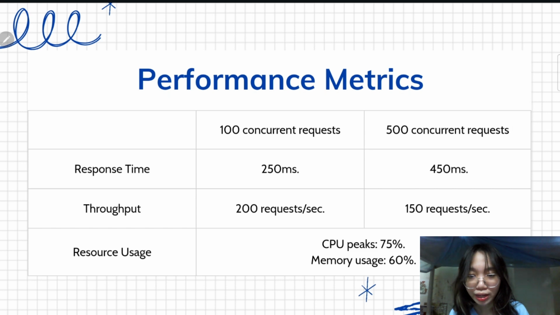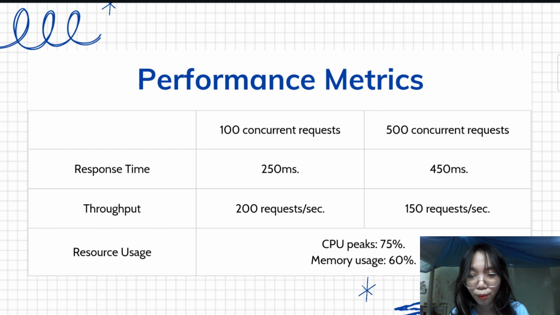During testing, we evaluated the system performance under various loads. Firstly, for response time with 100 concurrent requests, the average response time was 250 milliseconds. With 500 concurrent requests, the response time increased slightly to 450 milliseconds, which is still under our target of 500 milliseconds.